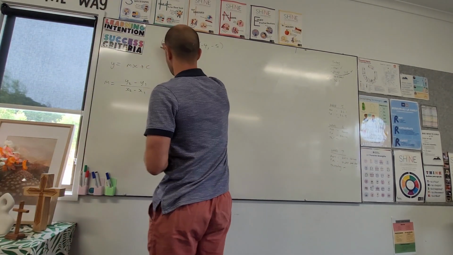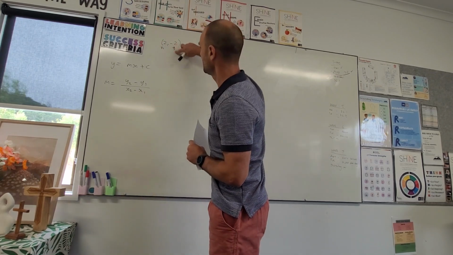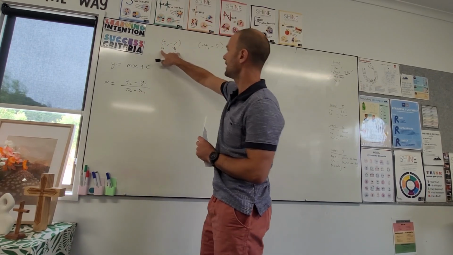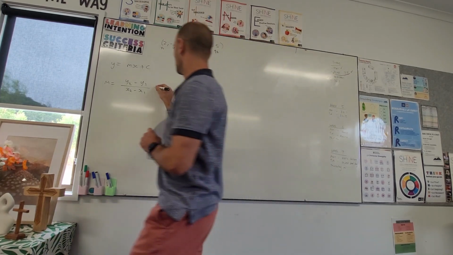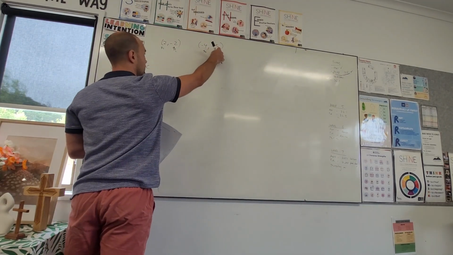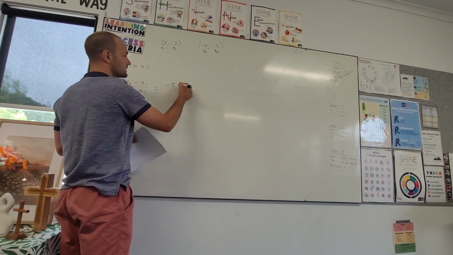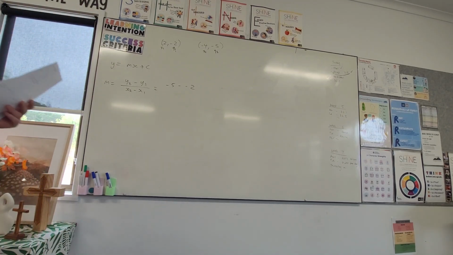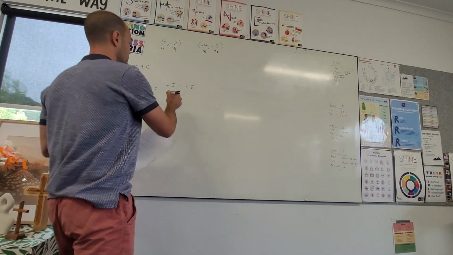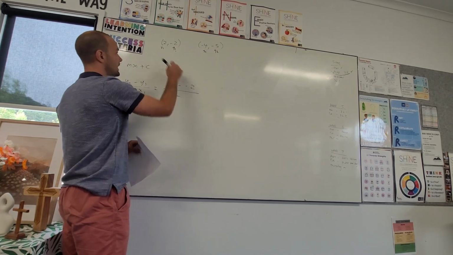It doesn't matter which one we call which, as long as they have the same subscript, x1, y1, x2, y2, and we'll do y2 take y1. So that's going to be minus 5, take away minus 2, divided by x2, take x1.